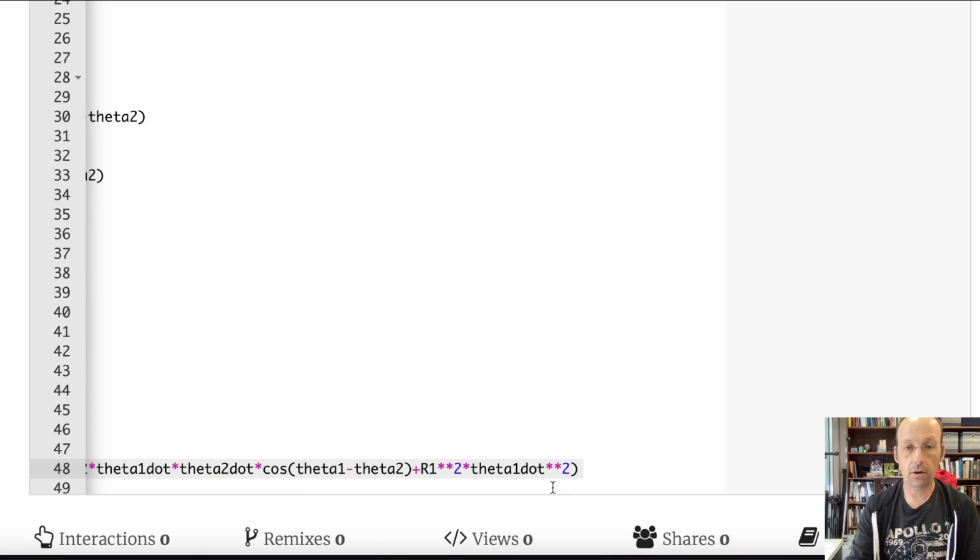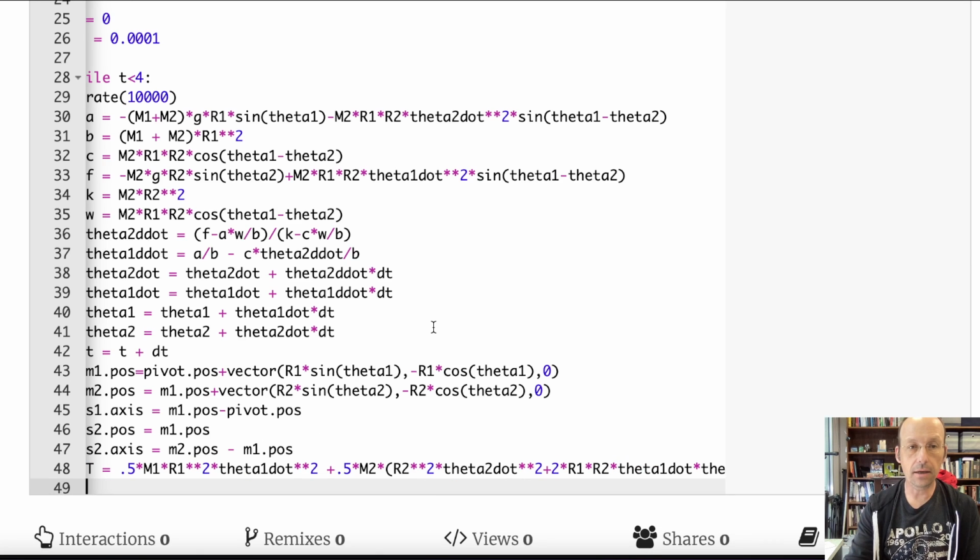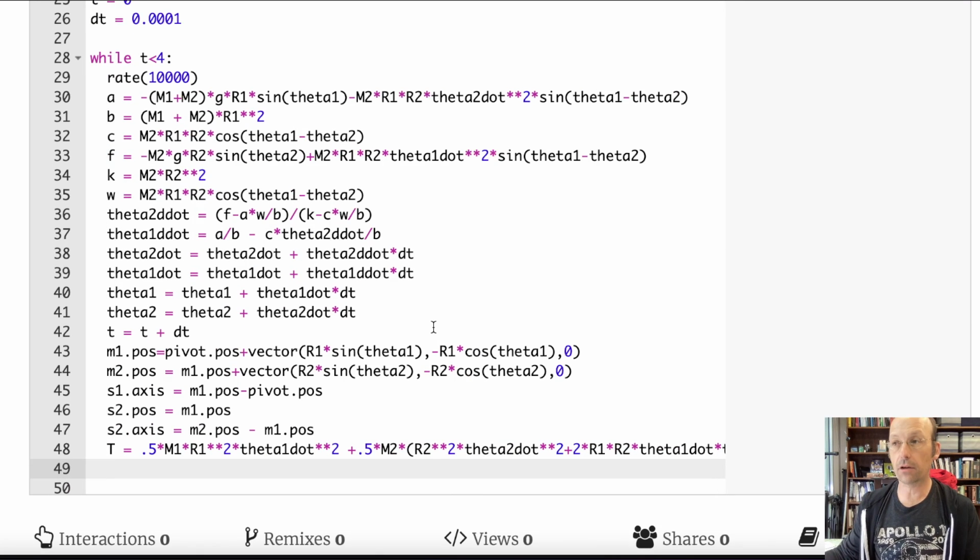I think it is. Okay, now the potential. In my Lagrangian I have minus U, so I just need to multiply these potential terms by a minus sign. Again, if this works, I'm going to be so excited. So U is equal to minus m1 times g times r1 times cosine theta 1.